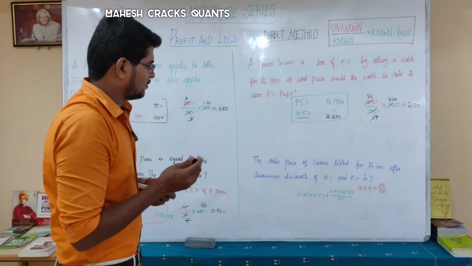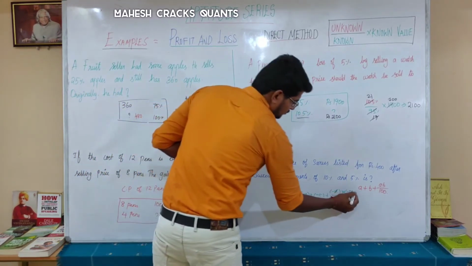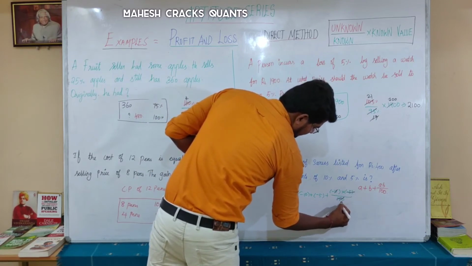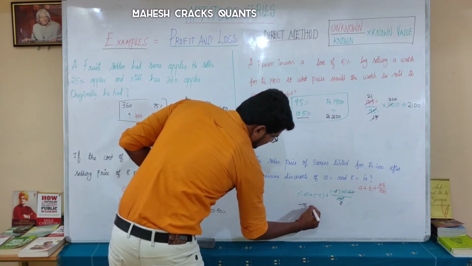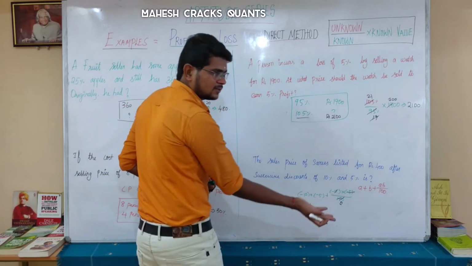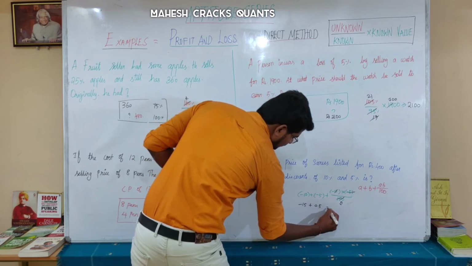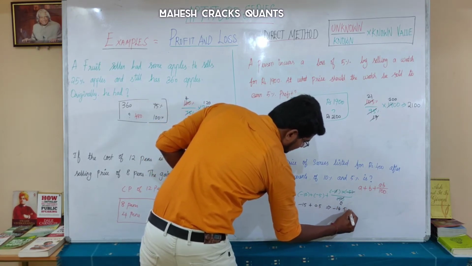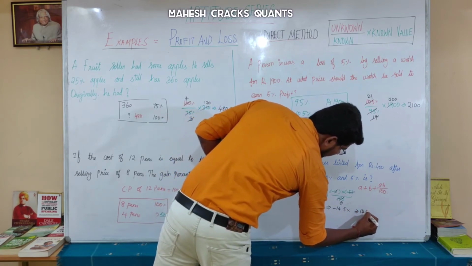Okay, cancelling this, you will get the answer. 5, 2 times, so 2 times 5, minus 1 by 2 is nothing but 0.5. Minus 15, and minus into minus is plus. So 50 divided by 100 is 1 by 2, which is nothing but 0.5. So plus 0.5, you will get minus 14.5%.